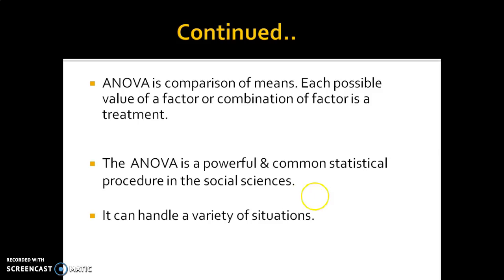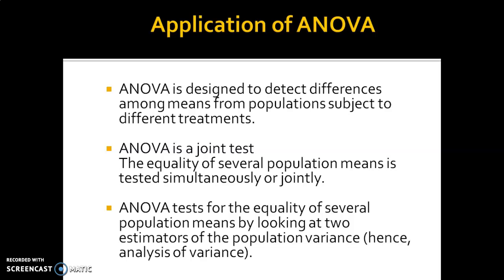It can handle a variety of situations. ANOVA is designed to detect differences among the arithmetic means from populations subject to different treatments. Different treatments means, as I have emphasized, that in city A the emphasis was on convenience, in city B on quality, and in city C on the low price of the product. So if there are any differences in the arithmetic averages, we need to analyze them.